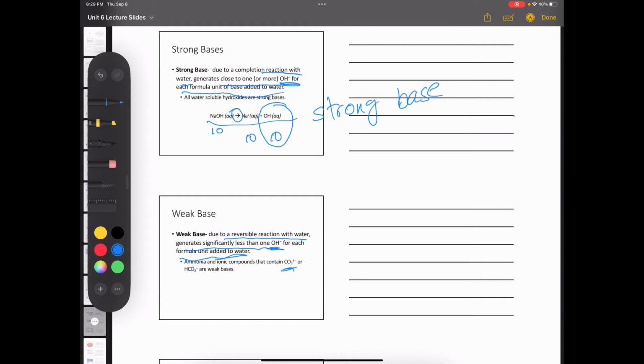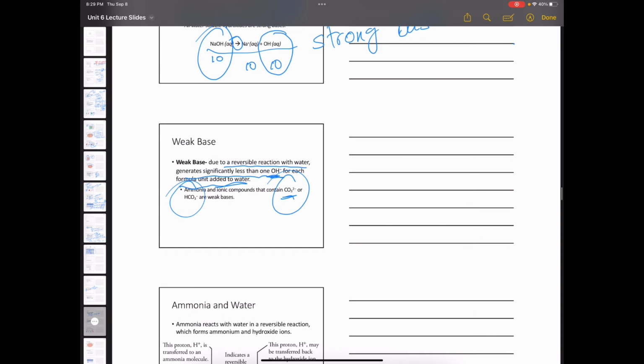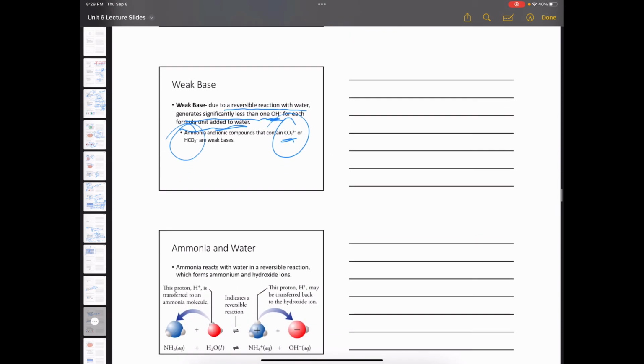Okay, so there's a hydroxide ion being formed, but when we look at sodium hydroxide, for example, which is 100% dissociation, when it comes to the CO3 or the HCO3, the generation of the OH ions is very small. It can probably range from 1 to 2%. So that's why the hydrogen carbonate and the carbonate are considered weak bases, because the concentration of the hydroxide ion generated is very low.